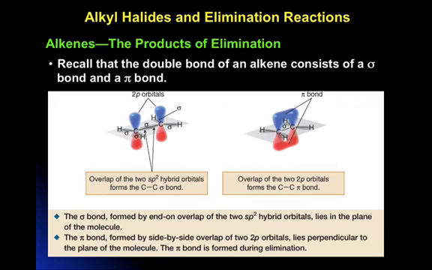So, I want you to recall that in an alkene, what's the hybridization of the two carbons? They're sp2, right? The geometry is tetrahedral? Trigonal planar, that's right. And we have the two p orbitals on each carbon atom, and they bond, right?